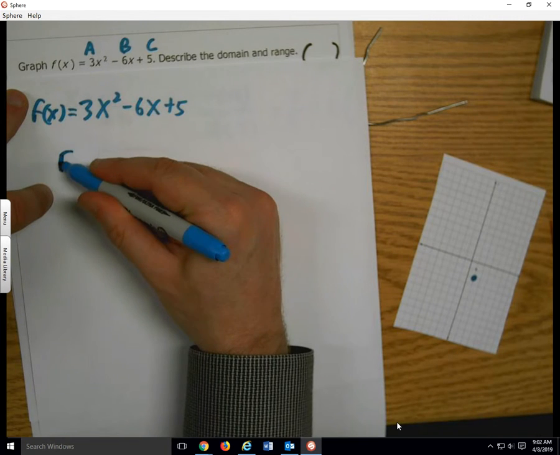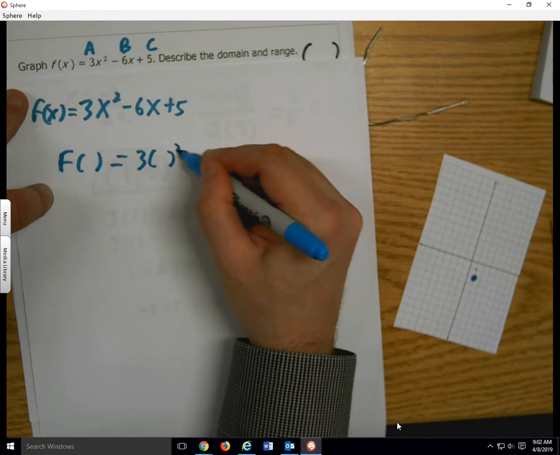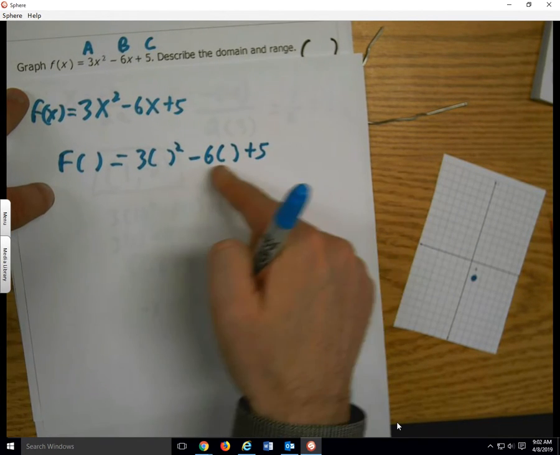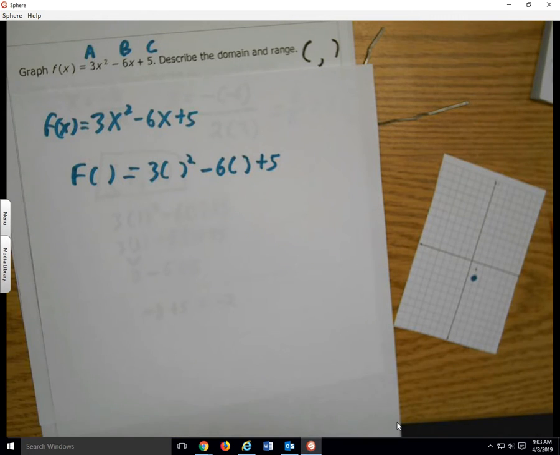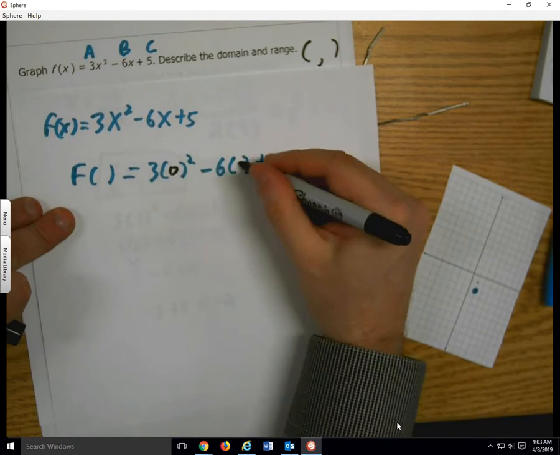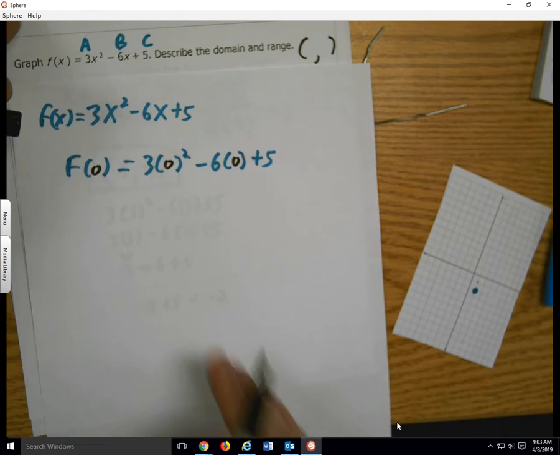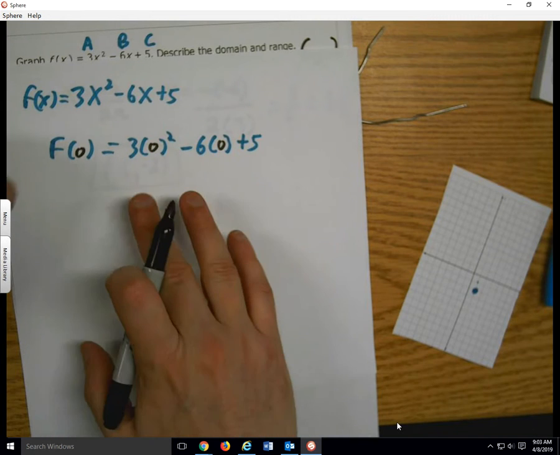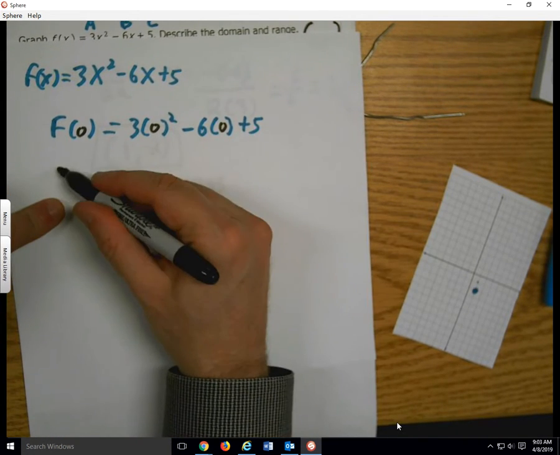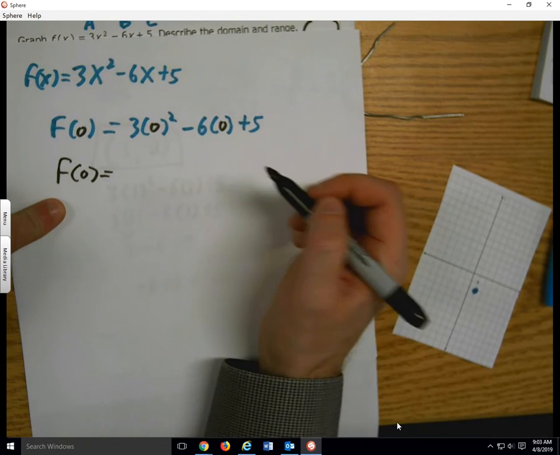So it's going to be f of something equals 3 times something squared minus 6 times something plus 5. But we know that something where the x was is all going to be zeros every time. That's what an intercept means. It's where it intercepts on the axis, and so then the number has to be 0. Okay, so f of 0 equals 0 squared, which is just 0.